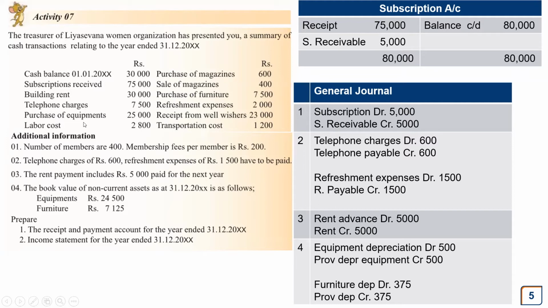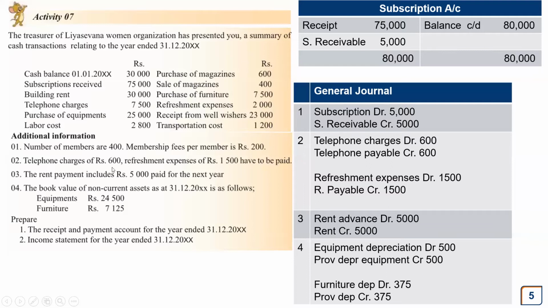The third one is the rent payment of rupees 5,000 paid for the next year, which is included in the rent value. Here the building rent was 30,000, but the true value for the year is only 25,000. You have to deduct 5,000. So the rent advance account will be debited because we have to credit 5,000 from the rent account.